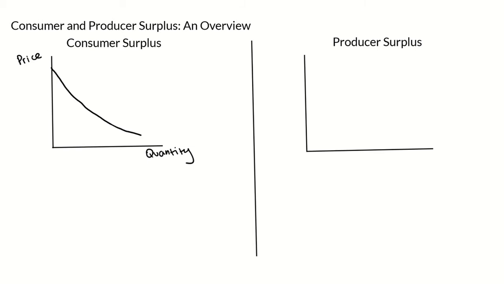So on our demand curve, which we're going to write as a function, demand with variable q, there's some quantity q naught and its corresponding price. If we go over to the y-axis, p naught, which is our equilibrium.